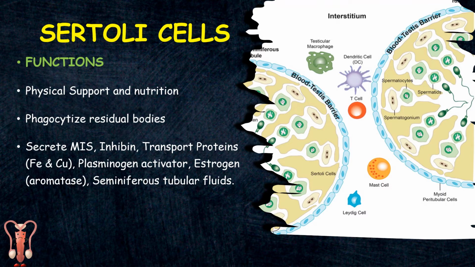This plasminogen activator is formed by the Sertoli cells. And then estrogen: a small amount of estrogen is secreted by the testes. There is an enzyme which converts testosterone to estrogen, the aromatase enzyme, and this aromatase enzyme is formed by the Sertoli cells.